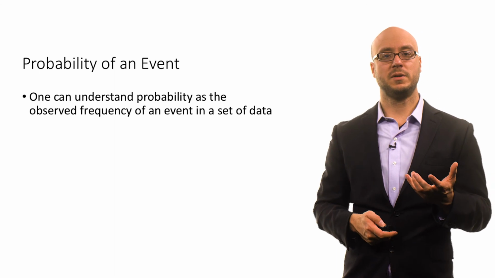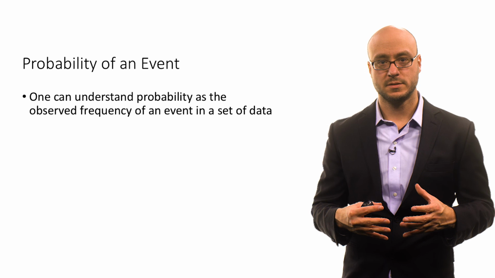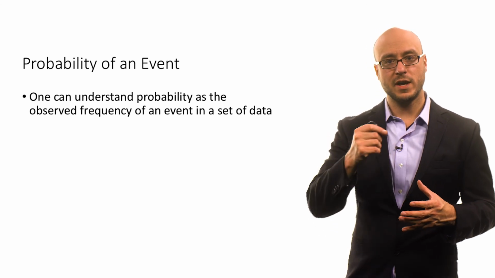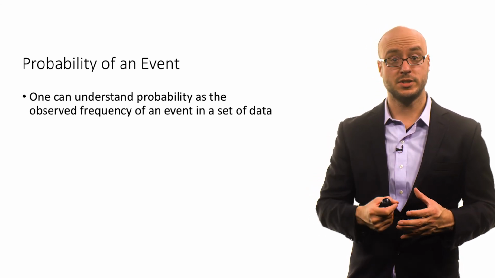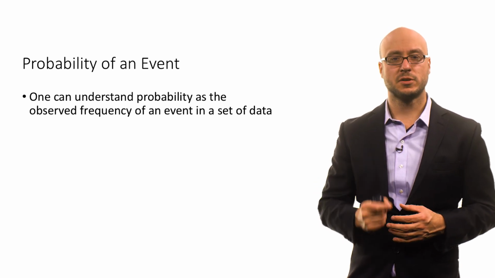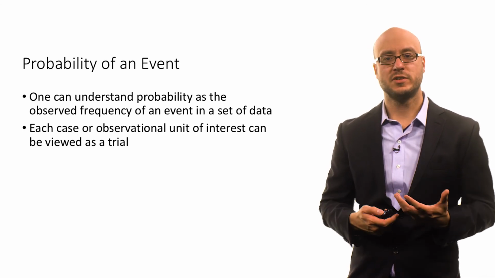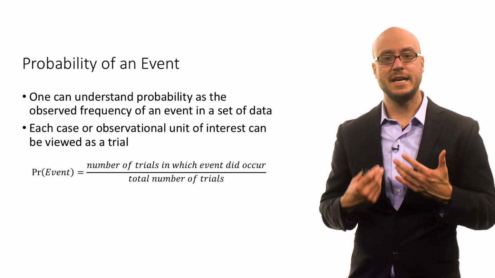So when we talk about the probability of an event, when it comes to categorical data analysis, we can think about probabilities in terms of contingency tables. To put it another way, one can understand probability as the observed frequency of an event in a set of data. We can view each case or observational unit of interest as a trial.